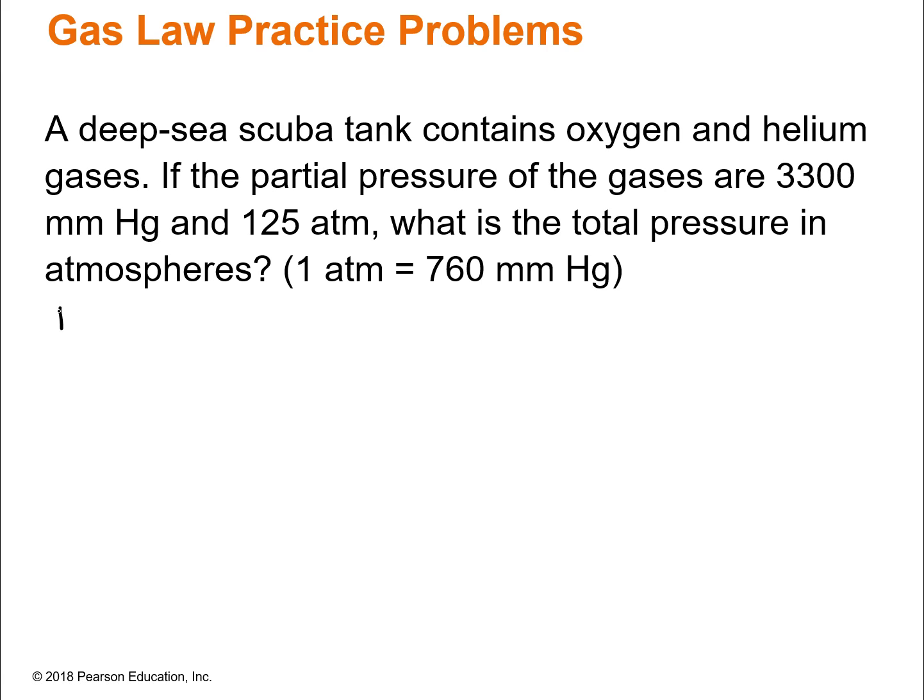So this is going to use Dalton's law of partial pressures, where the total pressure is equal to the sum of all the partial pressures. So we've got oxygen and helium.